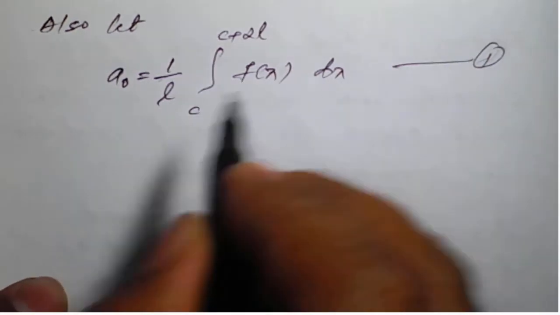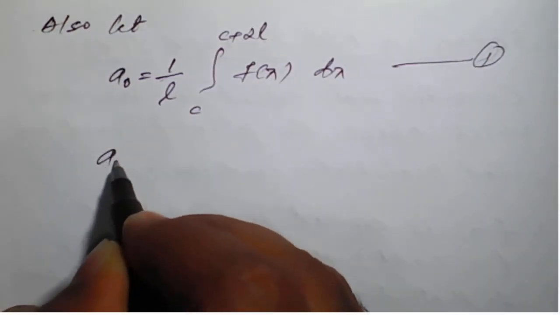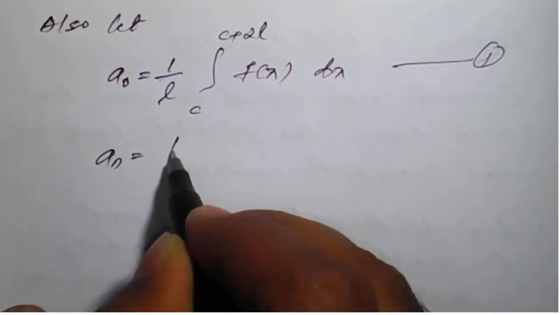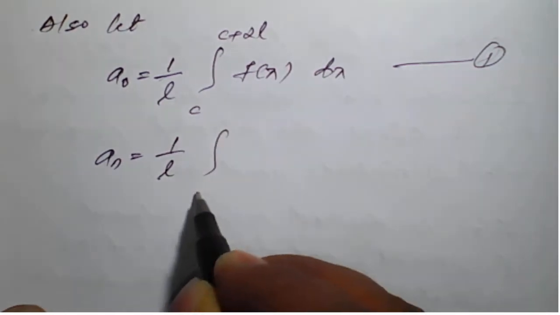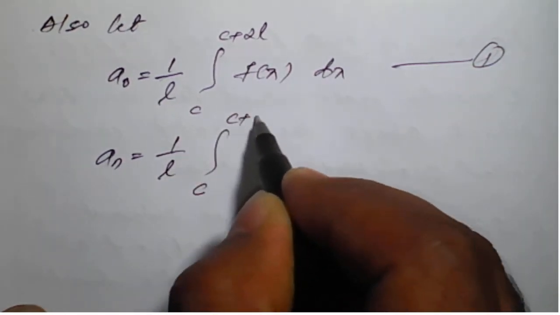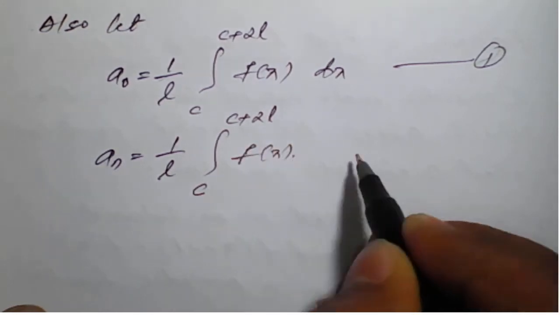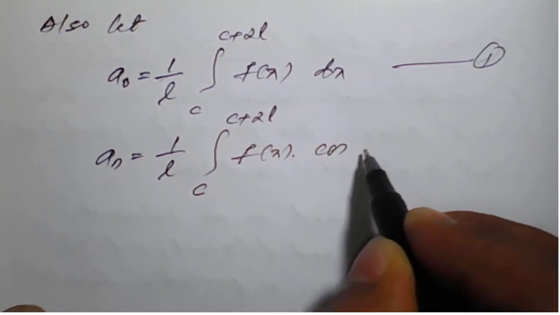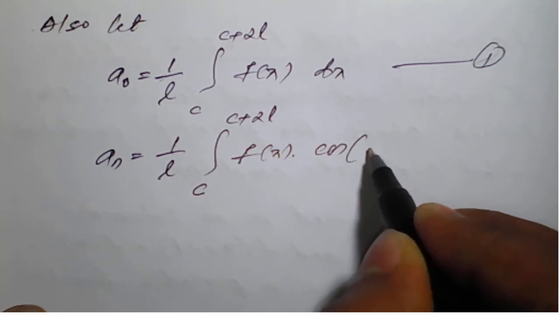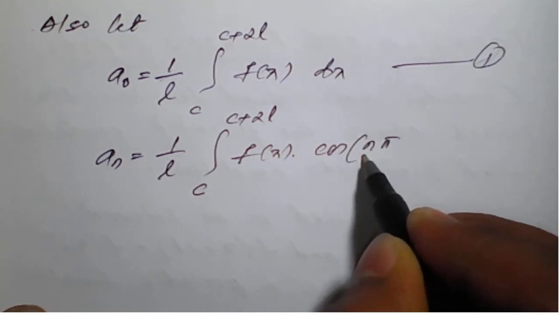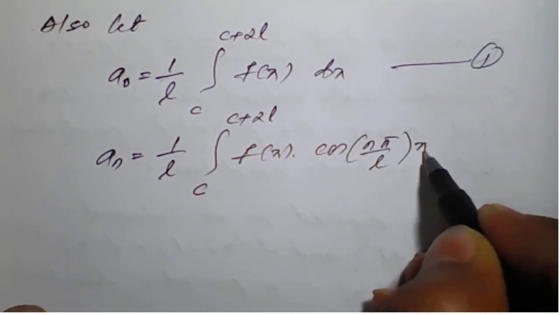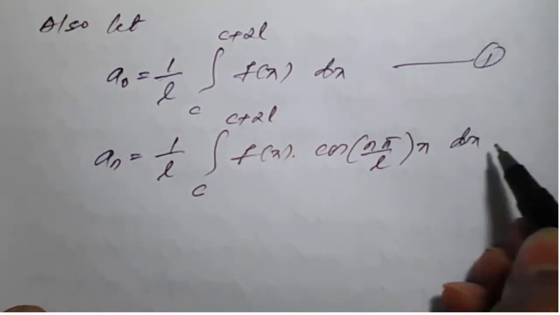Result number 1. a n is equal to 1 upon l integration c to c plus 2l f of x into cos of n pi upon l into x dx.